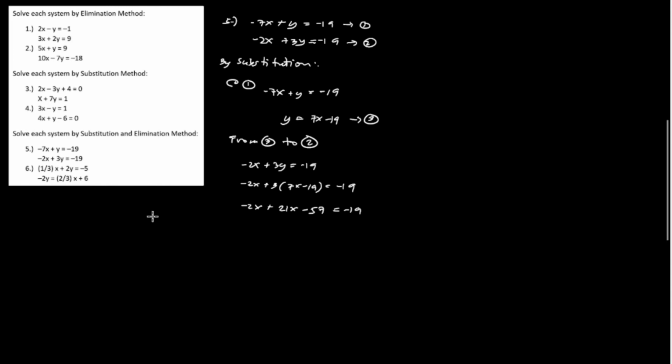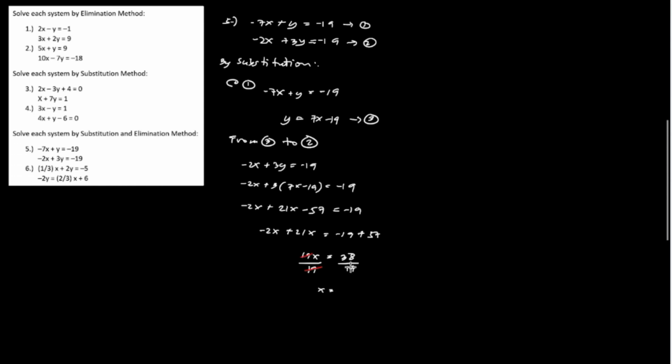And variables to the left side and constant to the right side. So negative 2x plus 21x is equal to negative 19, negative 57 to positive 57. Negative 2x plus 21x, 21 minus 2 is 19x, and it is equal to negative 19 plus 57, or 38. And divide everything by 19 and cancel out 19.